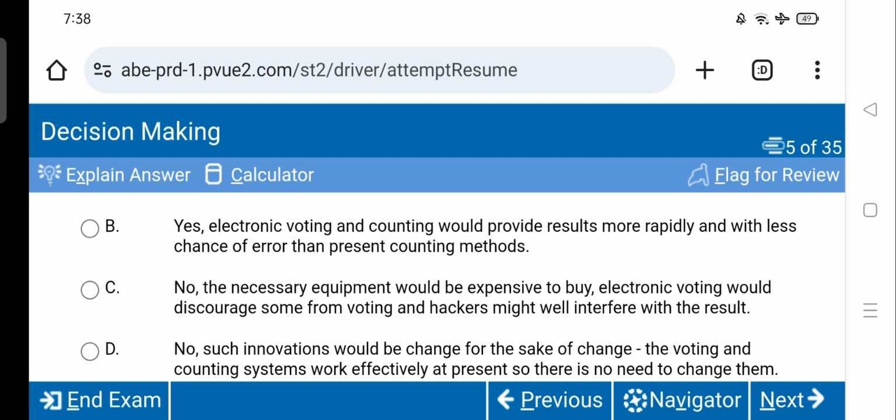Electronic voting would discourage some from voting and hackers might well interfere with the result. Option D. No, such innovations would be change for the sake of change. The voting and counting systems work effectively at present, so there is no need to change them.